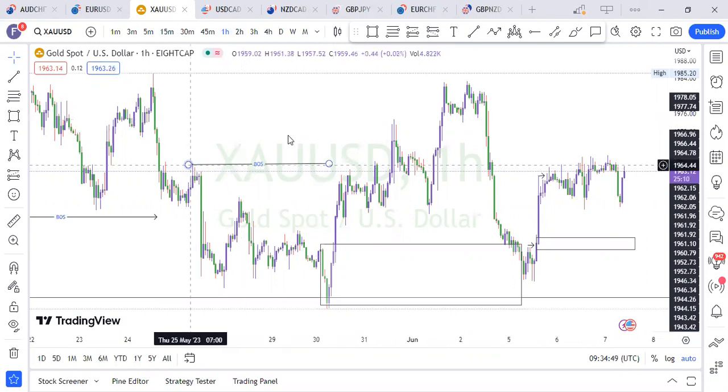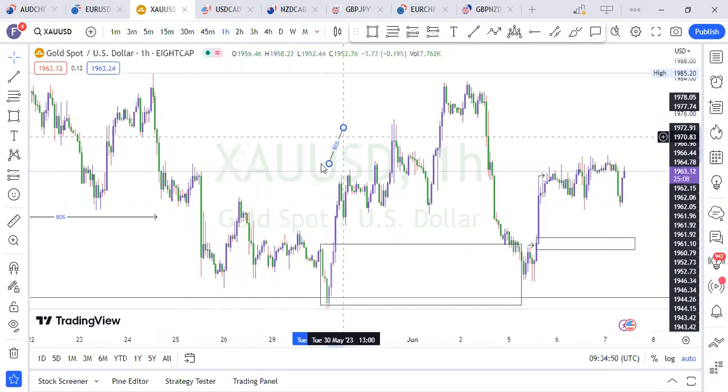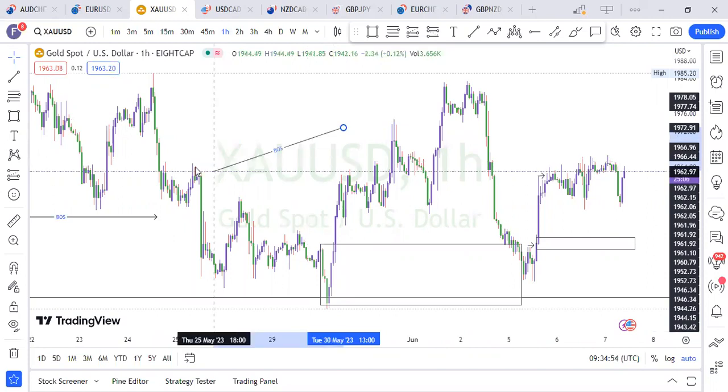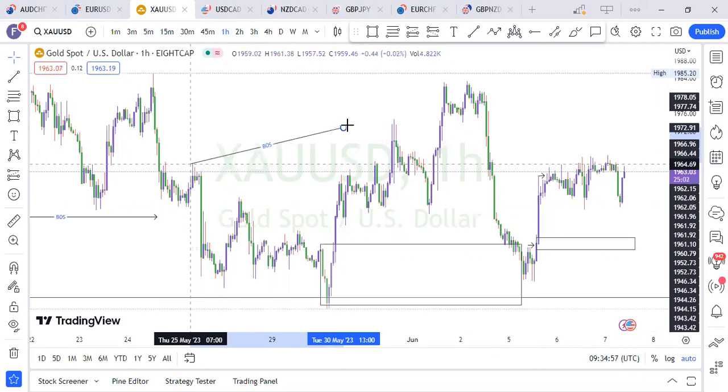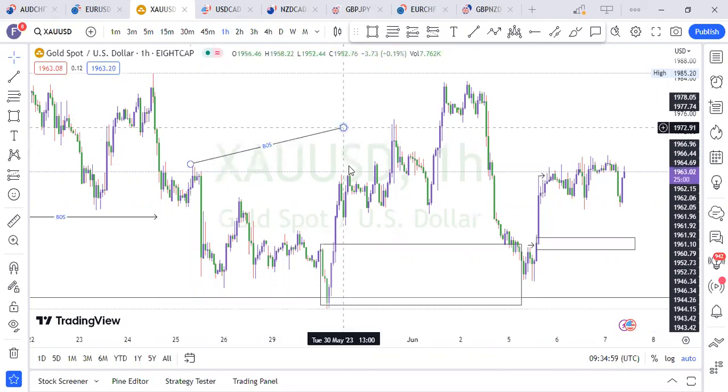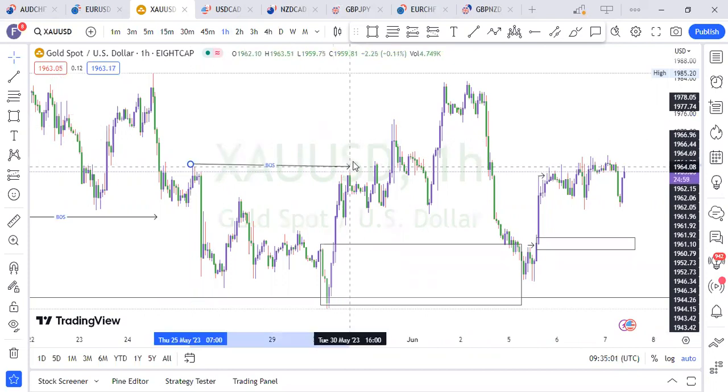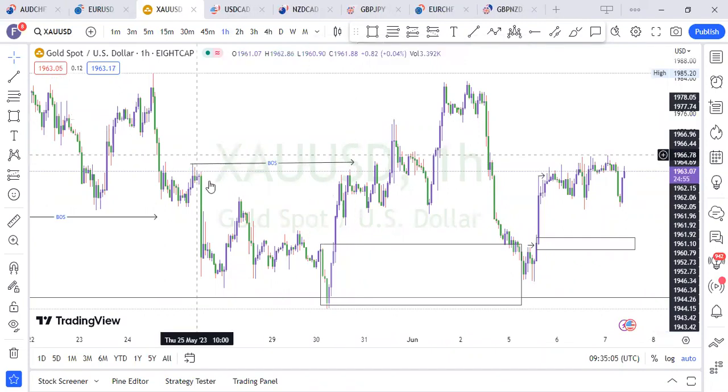Everything you are doing from the beginner's class to master's class is to perfect your technicality when it comes to doing your technical analysis, because these are the things that will help you. So just understand that if the market takes out any major high or low bar, it is called a break of structure.